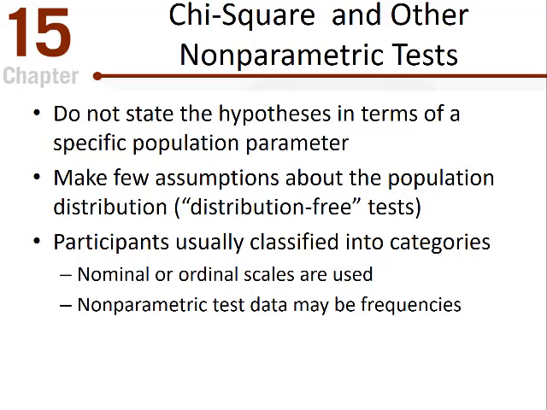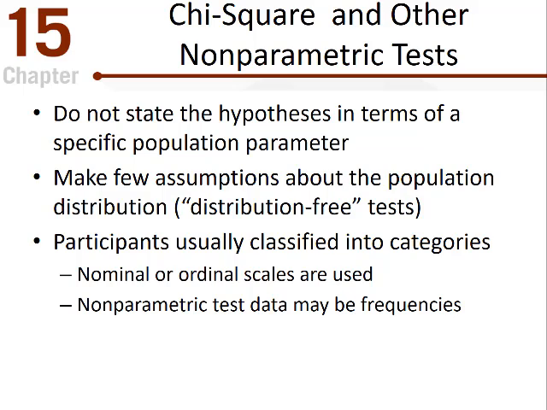Chi-square and other non-parametric tests do not state the hypotheses in terms of a specific population parameter. They make very few assumptions about the population distribution, so it's called a distribution-free test, and the participants are usually classified into categories, so nominal or ordinal scales are used.